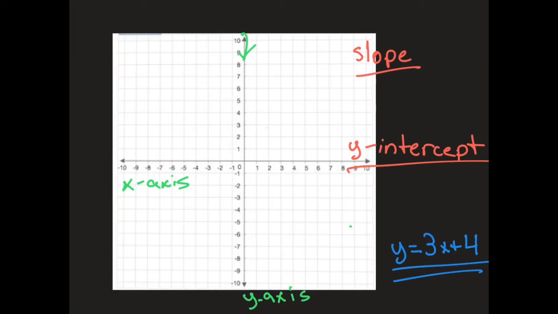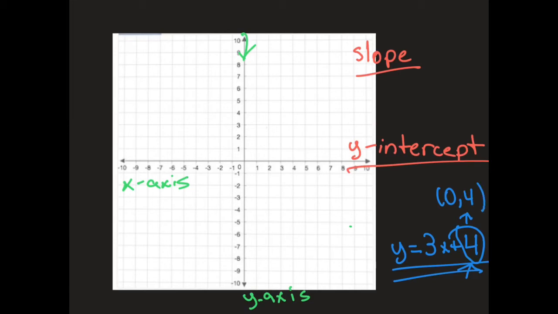We already know that this is in the y equals mx plus b format, and therefore plus 4 is the y-intercept of your graph. So we can use this knowledge that 4 is the y-intercept to find the starting point of the line you're going to be graphing. So 4 actually stands for the point 0, 4.